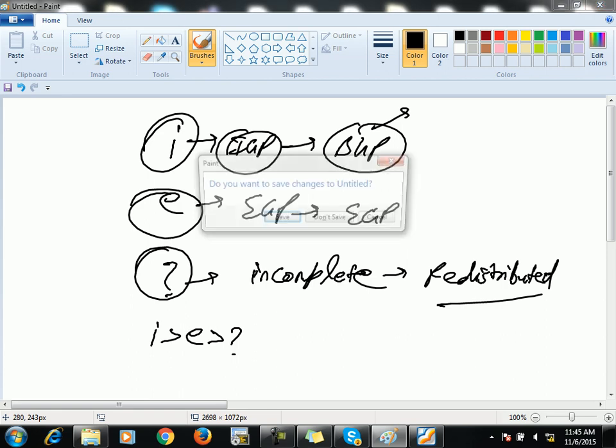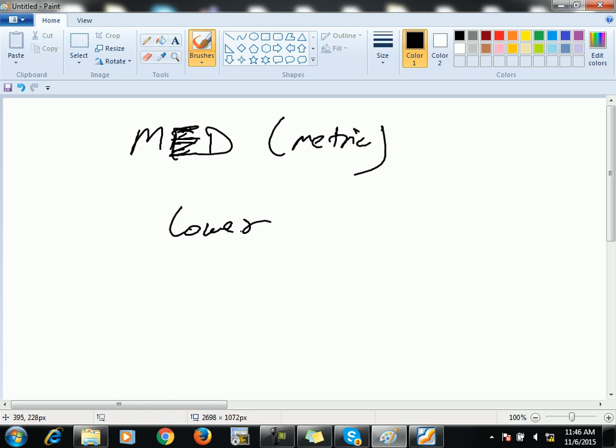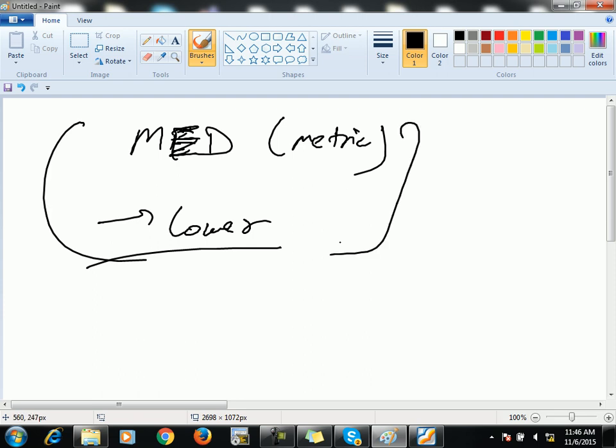After origin code, it will compare MED. By default it is 0, and by default it won't give any MED value to its eBGP neighbor. Lower will be preferred. You can also call it metric, and lower MED will always be preferred.